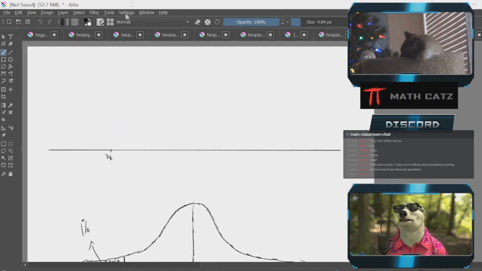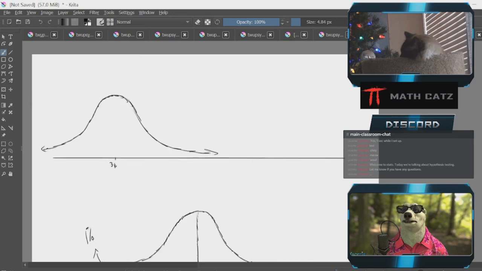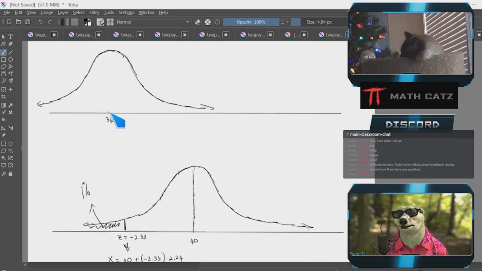So let's draw that distribution. Don't have a lot of space on the left here, but that should be okay. It's a little tighter than I want it to be. I want it to be the same width as this one, but it's supposed to be identical, the same. This one looks smaller. That's just coincidence.